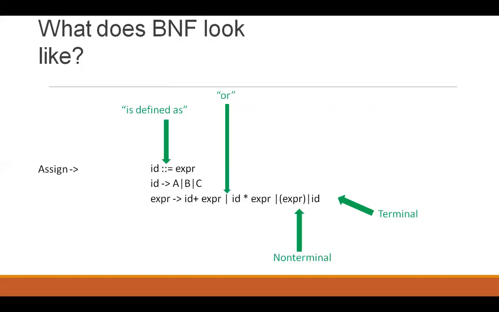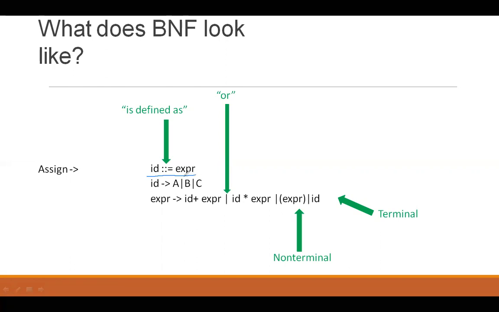When you try to write BNF, this is how it is going to look. You have the thing that you are trying to define on the left side, and on the right side what you write is something which is being used to define the thing on the left side.